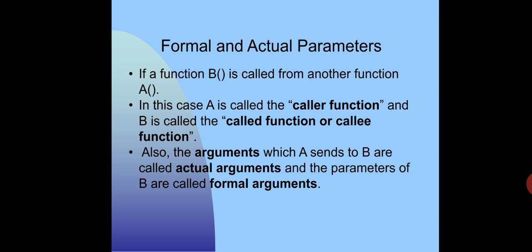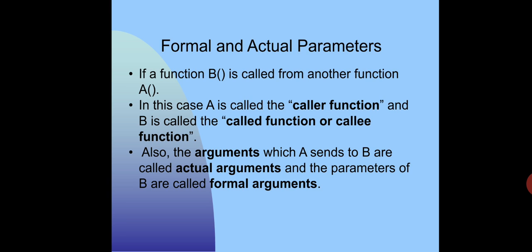Now there are two types of parameters. That is formal parameters and actual parameters. What do you mean by formal parameters and actual parameters? Suppose a function b is called from another function a.